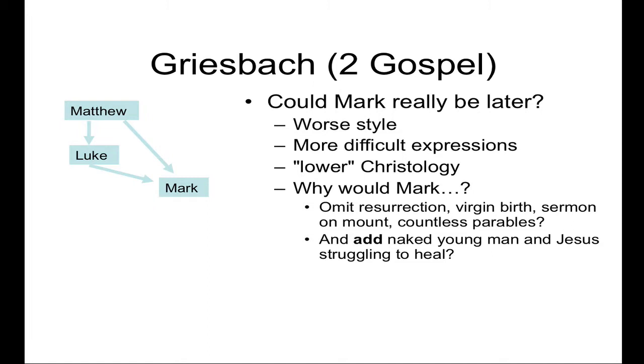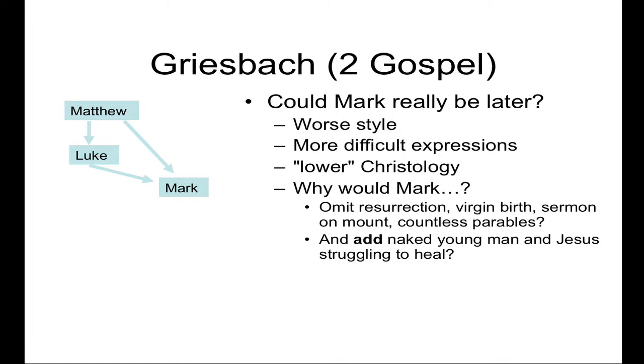Mark has a lower Christology. That's a modern category, but not an altogether modern category, and that is that Mark treats Jesus more like a wonder-working figure along the lines of Apollonius of Tyana. Matthew and Luke go out of their way to have him be virgin-born, and something more like pre-existent, an incarnation of wisdom. Why would Mark lower the Christology in the second place when it looks like the trajectory is for Christians to have a higher and higher Christology?